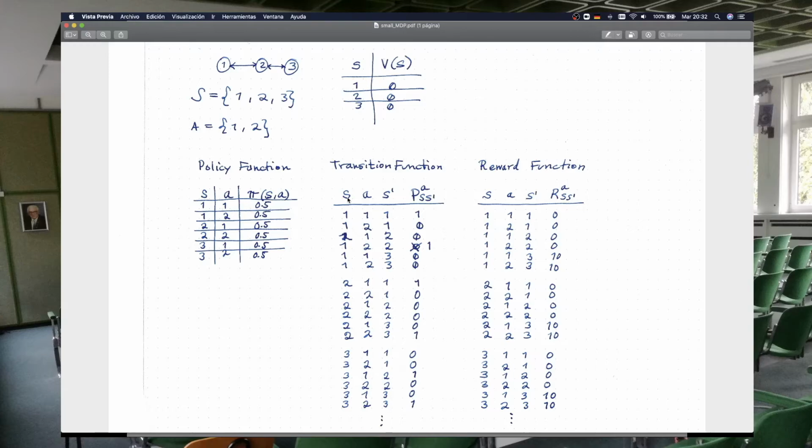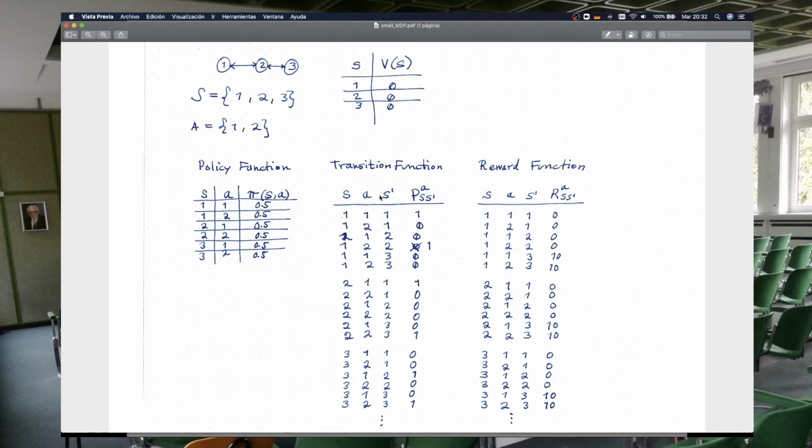S makes reference to all the possible states in your MDP, which are 3 states. Actions make reference to these 2 possible actions, and S prime makes reference also to every possible state in your MDP, so this is 3. If you build the table completely, you will have 3 by 2 by 3 entries in this table.